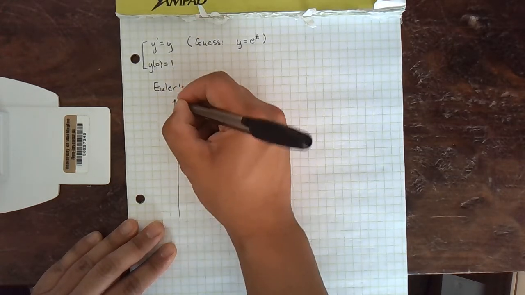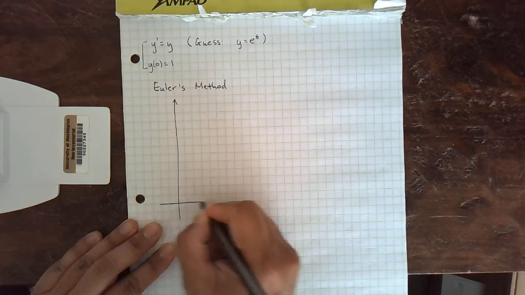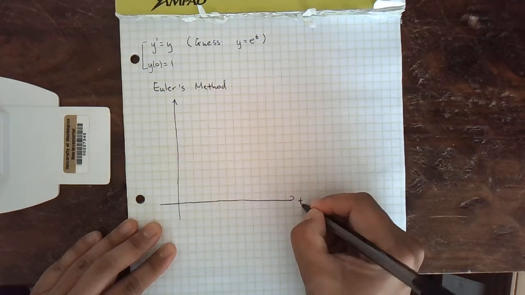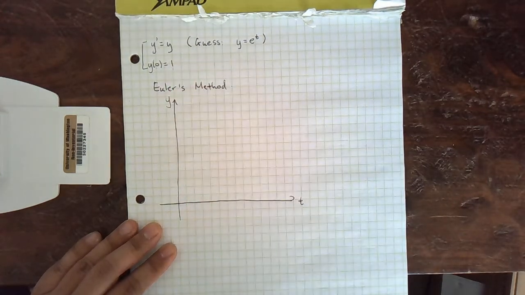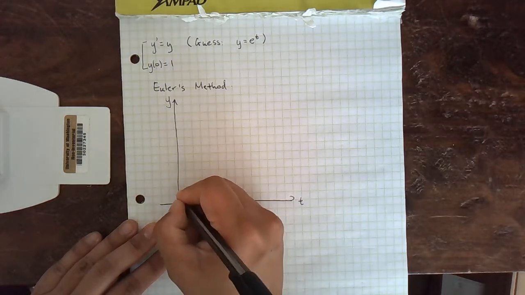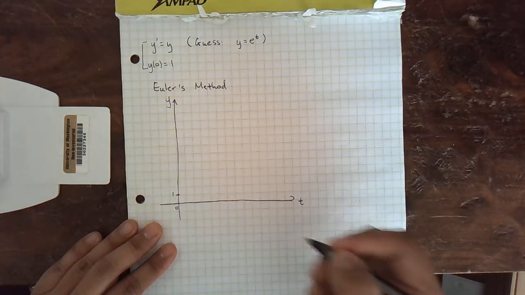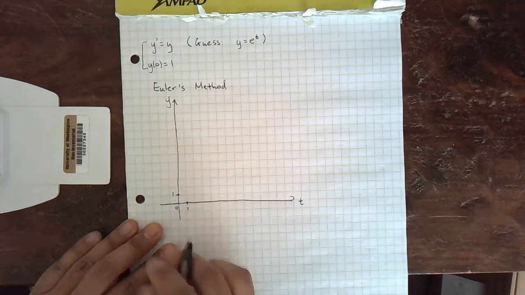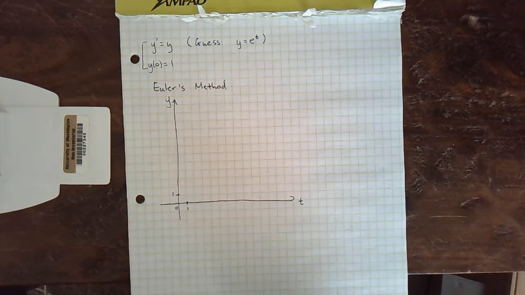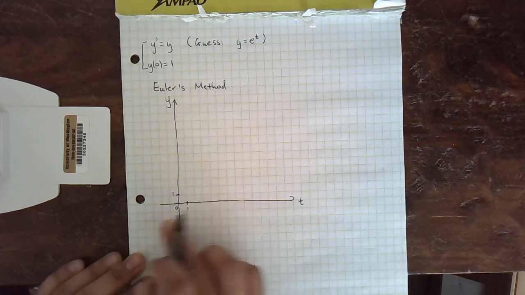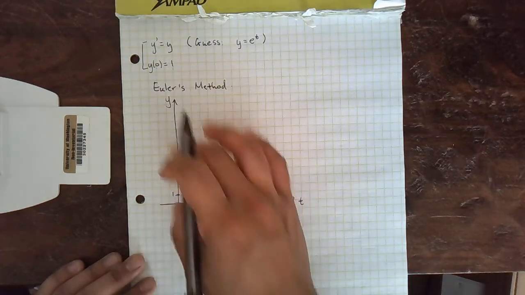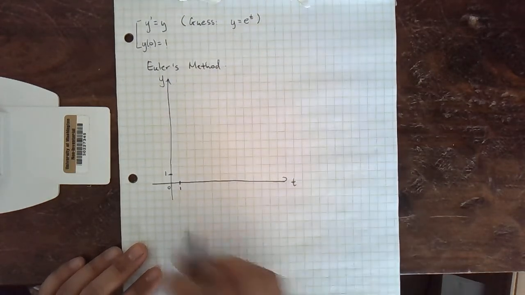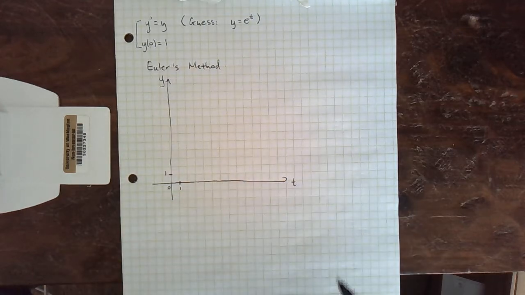So we're going to have an axis, t and y, and let's say we start at, so this is 1, 0, we'll call this 1. I like having the ones be the same scale unless it's absolutely ridiculous. Obviously, if y of 1 is 1,000, then you won't be able to do that, but this helps you see what the actual slope is.